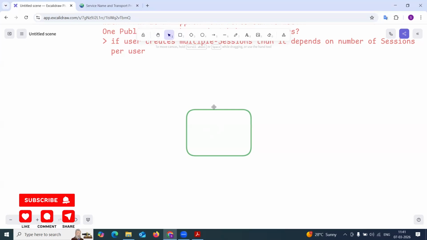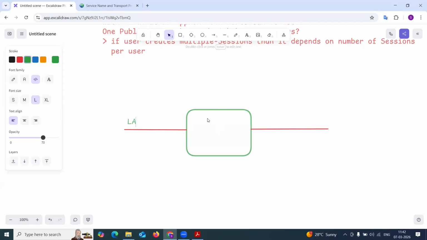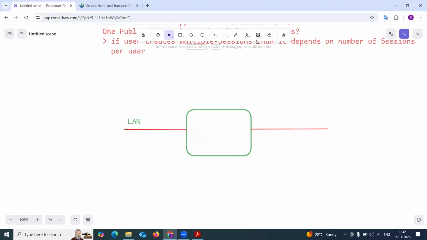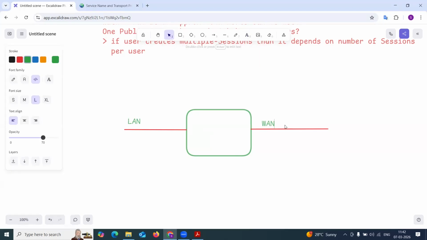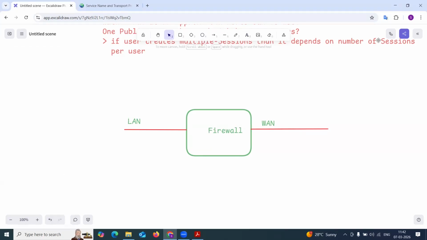Assume this is your firewall, and this is your LAN, this is your WAN, this is your firewall, and here we have PC.